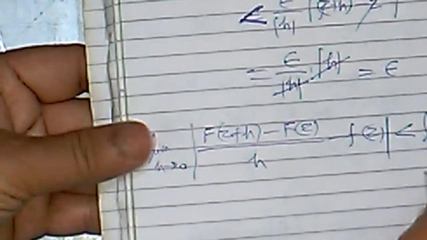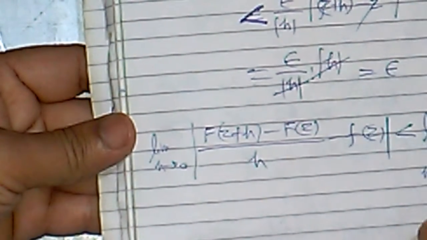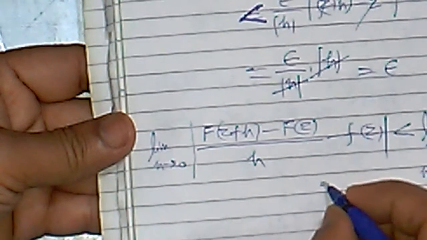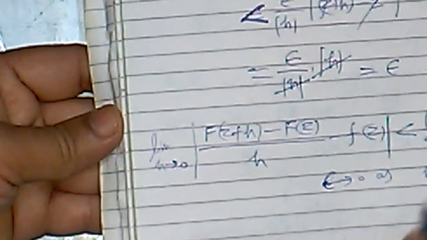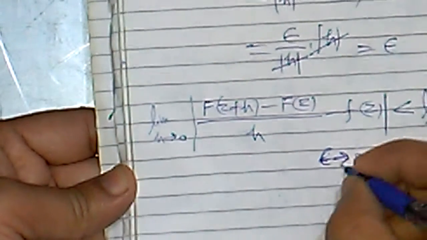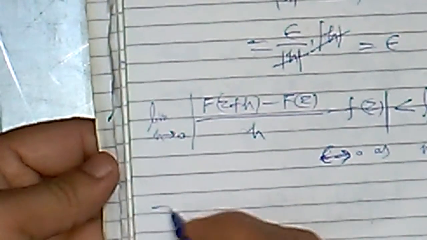If h tends to 0, then epsilon tends to 0. This value is positive, so it is not negative. It was less than epsilon, and epsilon also tends to 0, so this value is equal to 0.